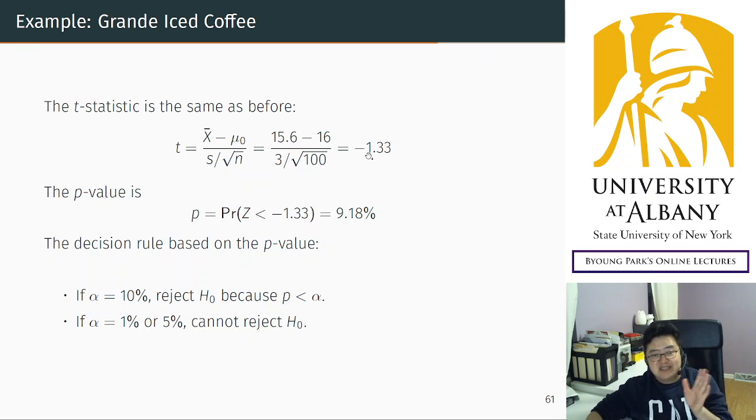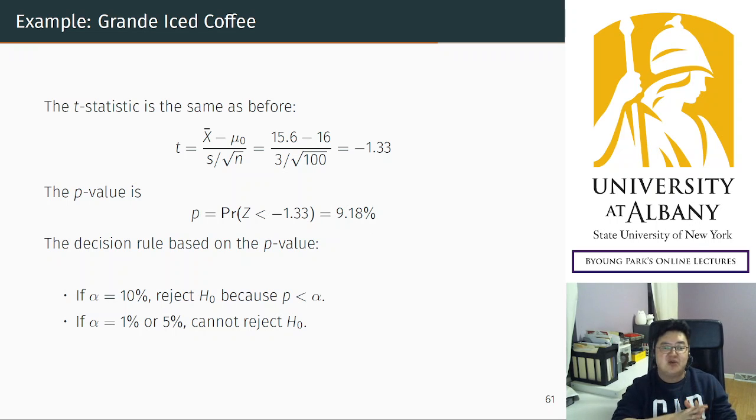And this T-statistic is used also for the two-tail tests. And then given this T-statistic, the p-value is the probability on the lower side of the T-statistic. So if you calculate the probability of the standard normal distribution smaller than minus 1.33, you get 9.18%.